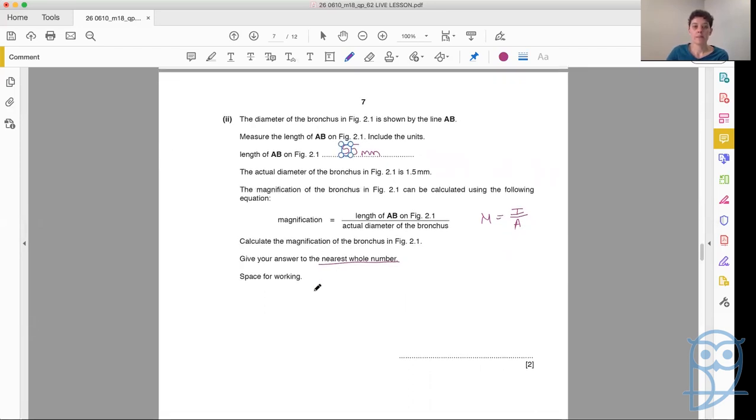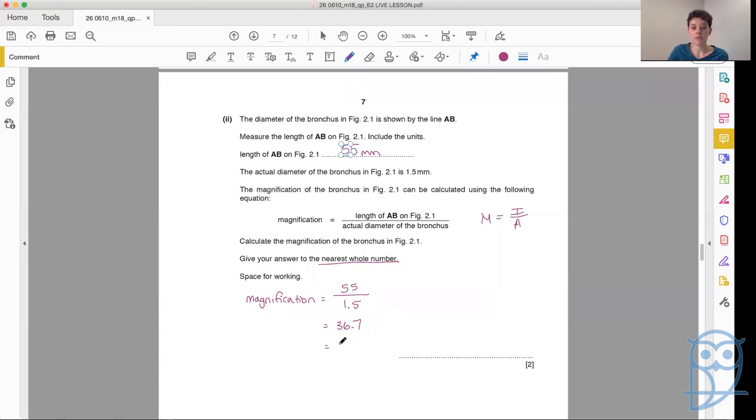So, magnification equals image 55 over actual 1.5. So that equals 36.7, but they wanted it to the nearest whole number.